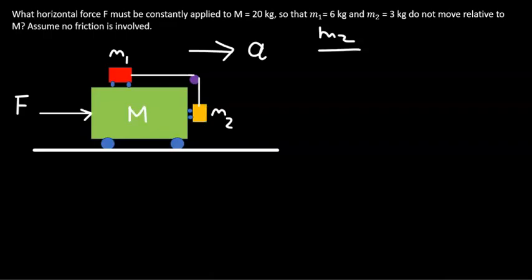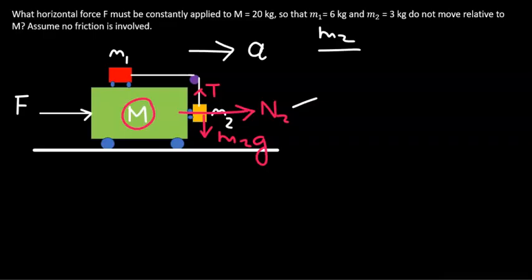So what are the forces that are acting on M2? The obvious one is its weight. Let's call it M2G, where G is the gravitational acceleration. And the other one is tension in the string, T, like that. And the third force is the normal force from capital M. Let's call it N2.